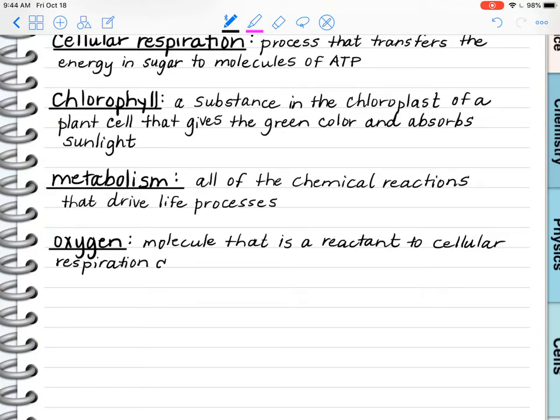And a product of photosynthesis. So it comes out of photosynthesis. And if these are not ringing a bell, go back and review the chemical reaction page that talks about products and reactants. And I think on the next page we're going to review that also.